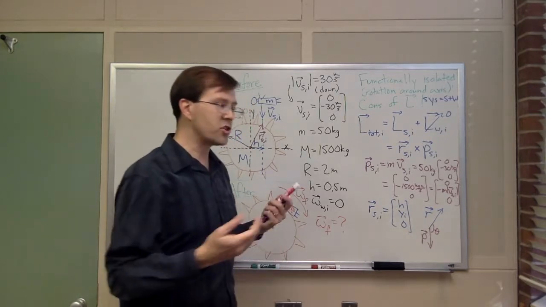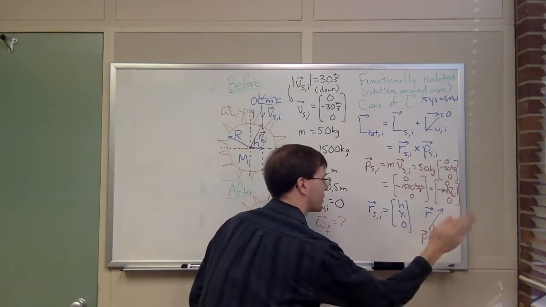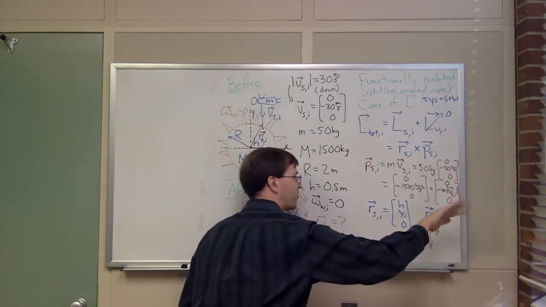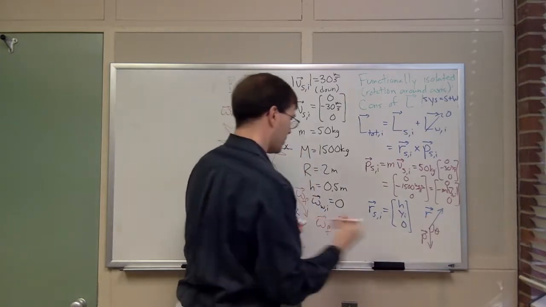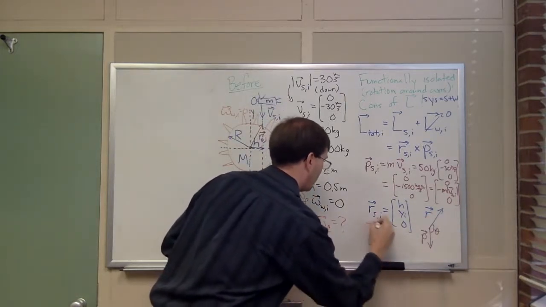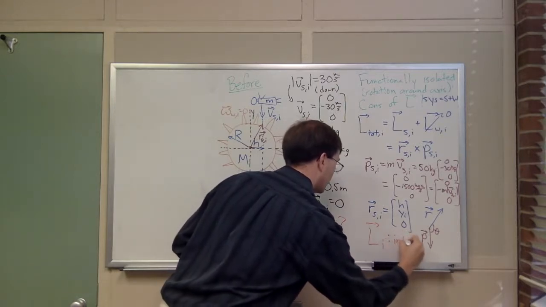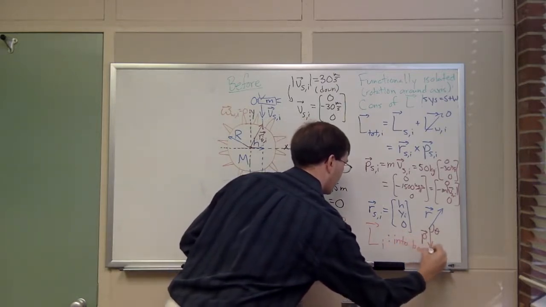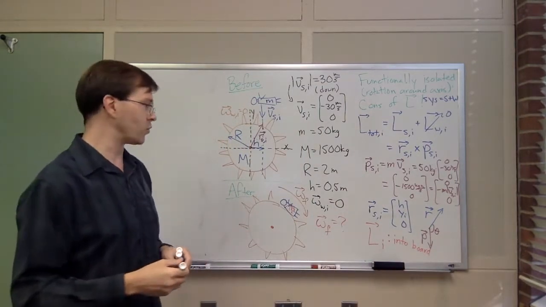Which one? I use the right-hand rule. My favorite right-hand rule: I stick my fingers along the r vector, rotate my wrist so when I curl my fingers they go toward the p vector, and now my thumb goes into the board. So I know that L initial is going to be into the board.